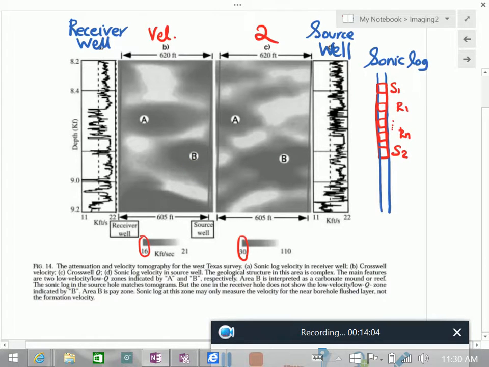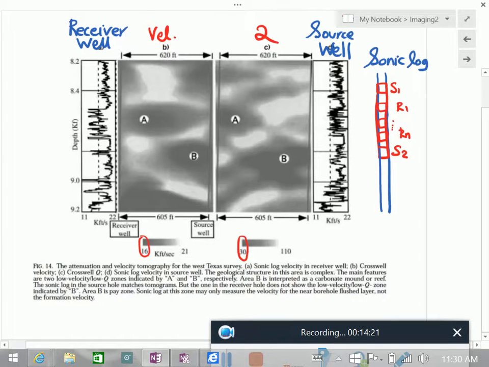But generally speaking, the two are not identical, right? So they are giving us different information, and more information than just around the well.